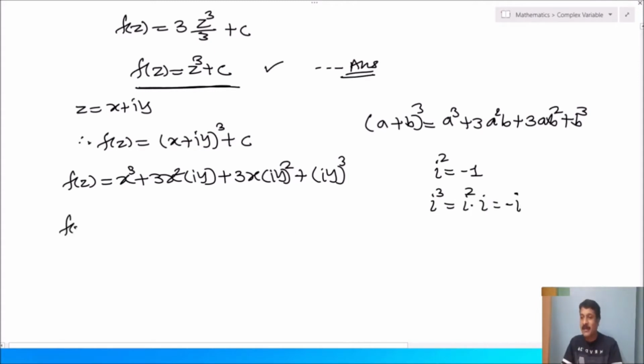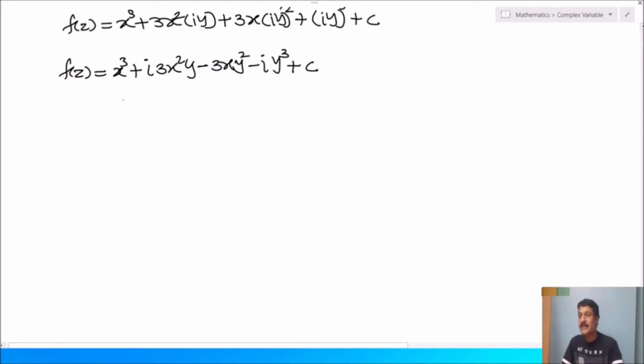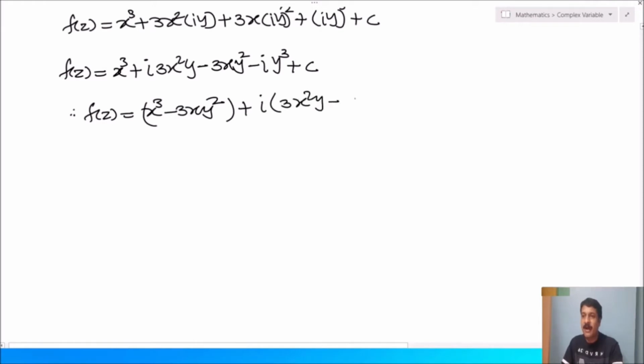And that is why f of z equal to x cube plus i 3x square y minus 3xy square minus iy cube plus c. Therefore f of z equal to, taking real parts only, x cube minus 3xy square, and imaginary part only 3x square y minus y cube, plus c here.